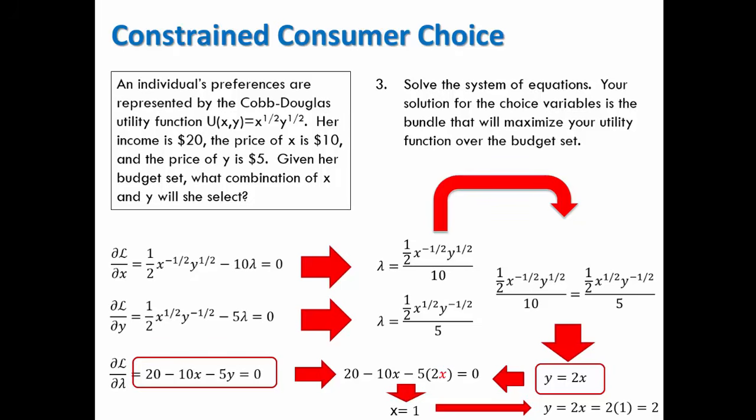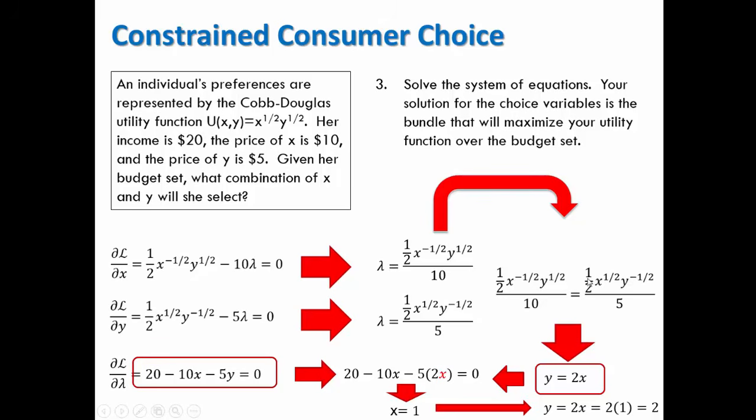One thing that I want you to see from this method is that what we have going on right here is equal bang per buck from x and y. Take a look. The numerator right here, 1/2 x to the minus 1/2 y to the positive 1/2, is exactly MUx. The denominator here, 10, is exactly p of x. So this side of the equation is MUx divided by p of x, or the bang per buck from x.